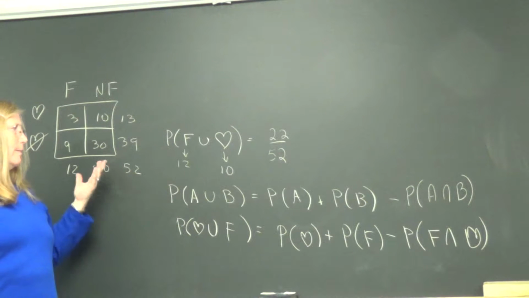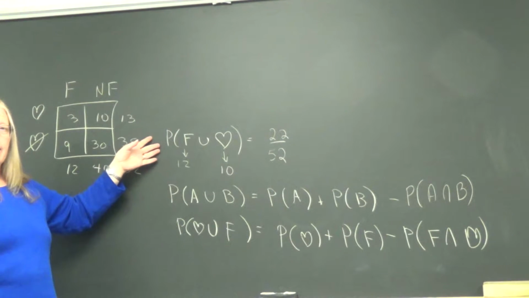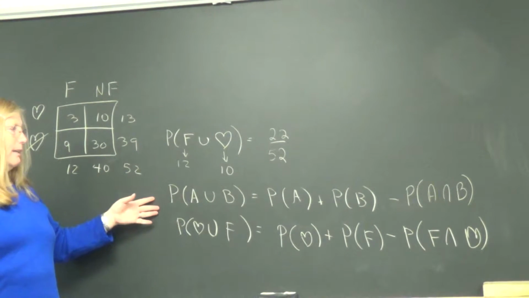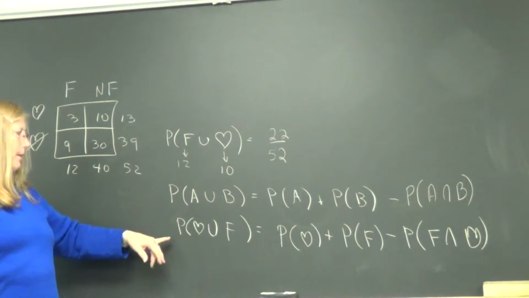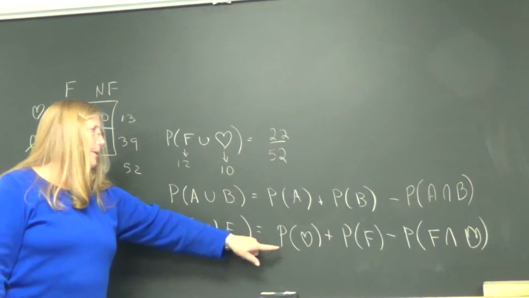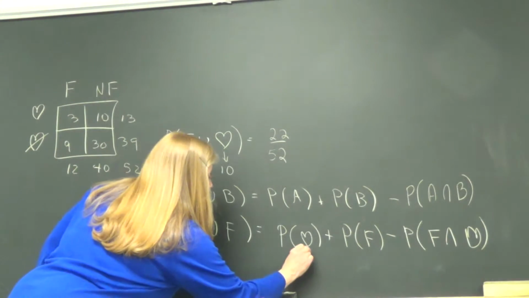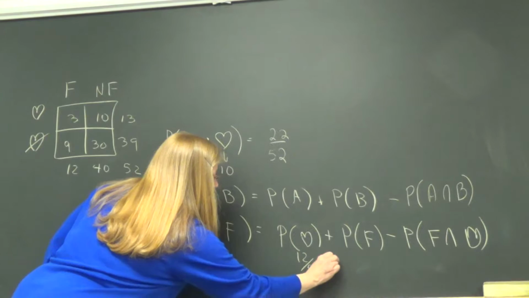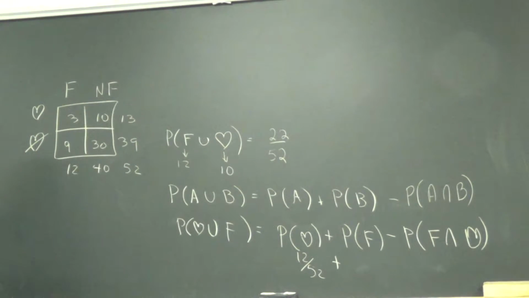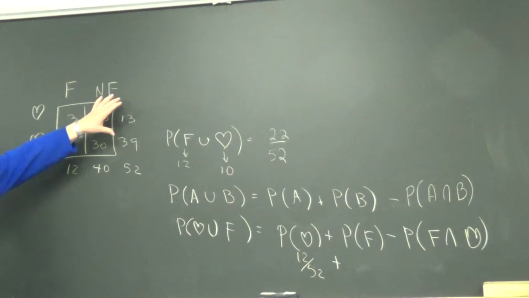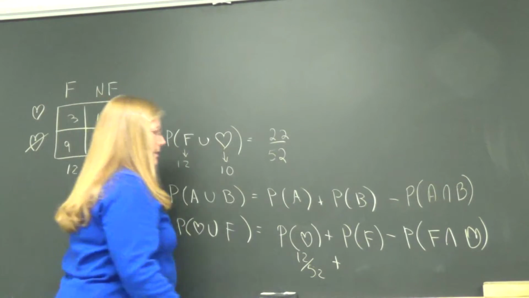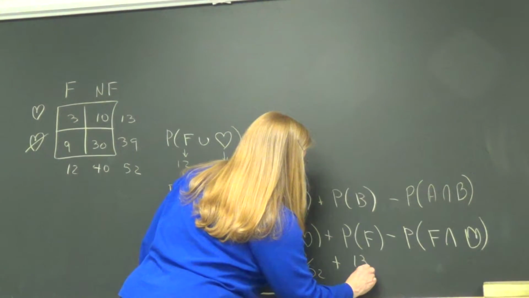I prefer when it's small that you do it without the formula, you just think it through, but let's see if the formula does work. So MK, what's the probability of getting a heart? 13 out of 52, right. And what's the probability of getting a face, MK? 12 out of 52.